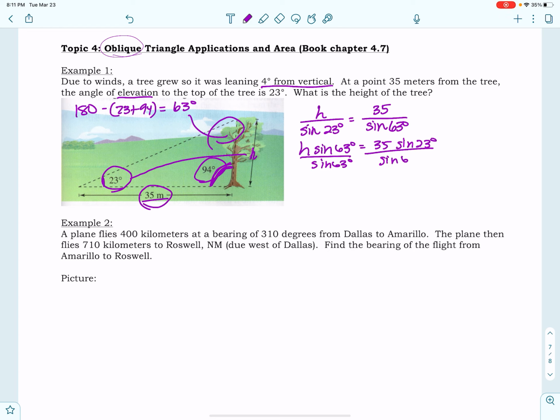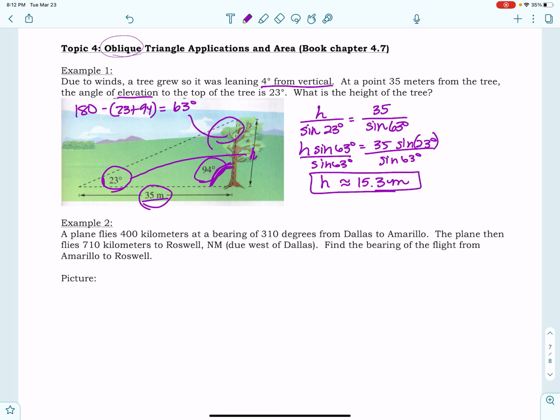Easy peasy, lemon squeezy. Now we will put this into our calculator. Just make sure you close those parentheses right there. And what you end up getting is approximately 15.3 meters tall for the tree.